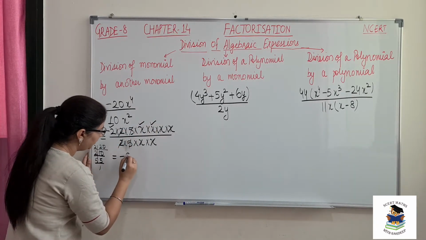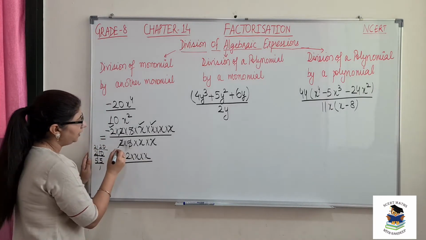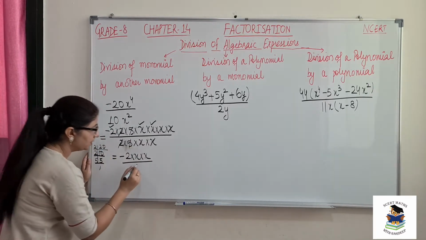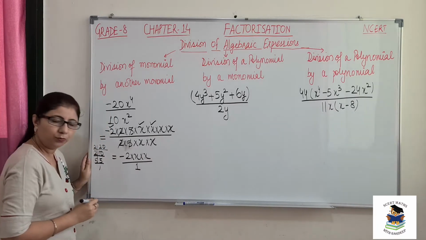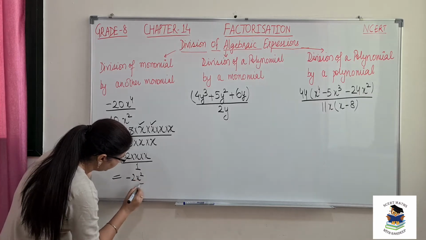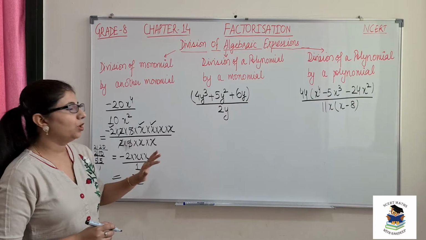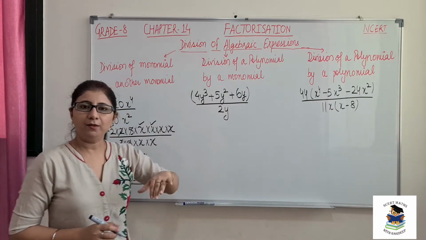So I will write minus 2 into x into x. In denominator everything is cancelled, so we will have only 1. So what is our answer after division? It is minus 2x square.